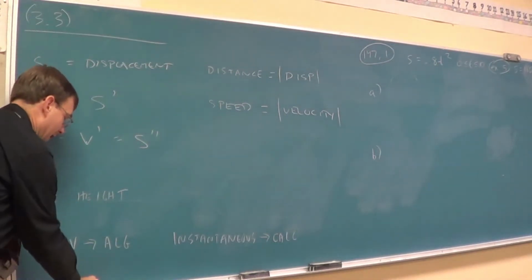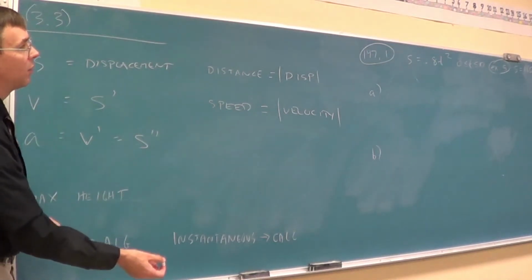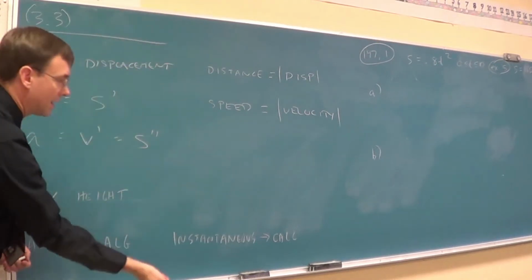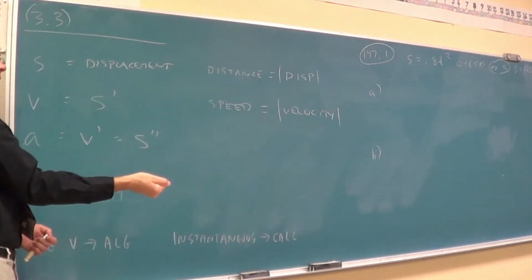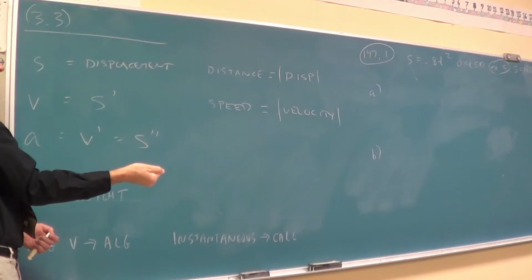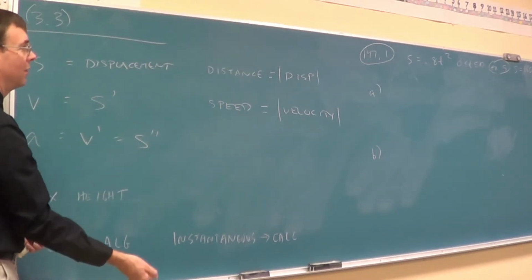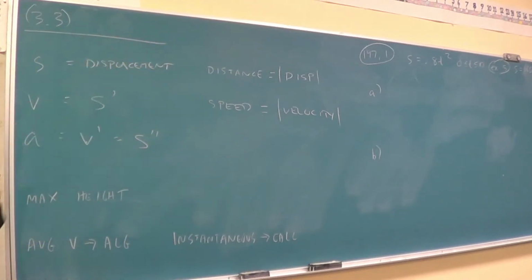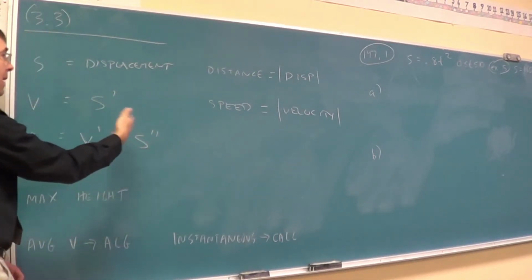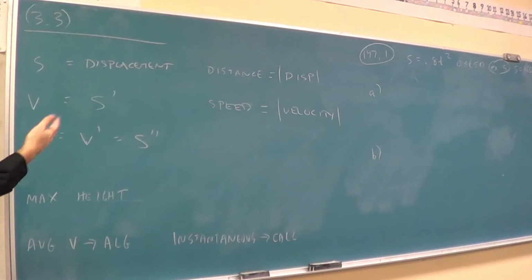Like if I throw this up in the air with an initial velocity of 10, the velocity right there when I caught it would be negative 10, because velocities have direction. So velocity might go positive, negative, depending on direction. Speeds just have to be positive.